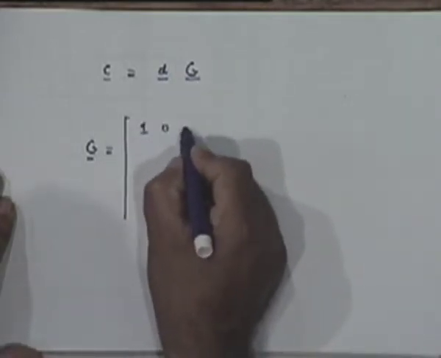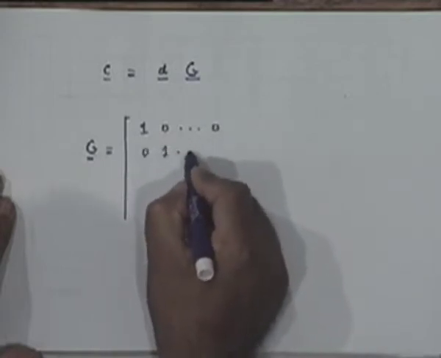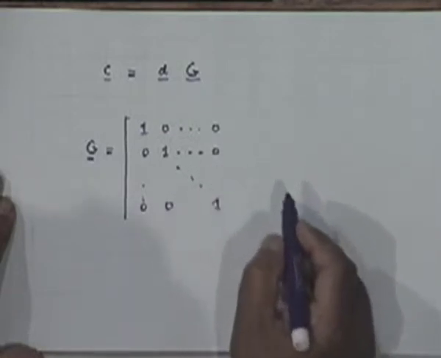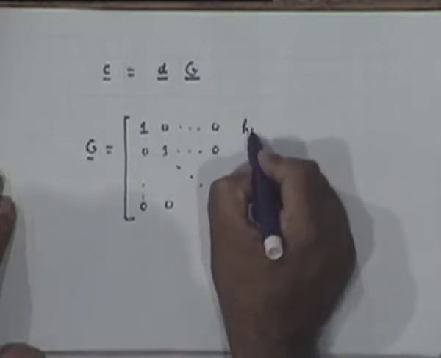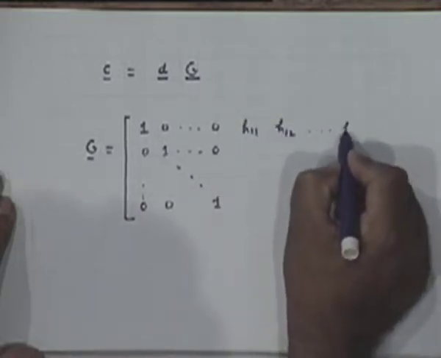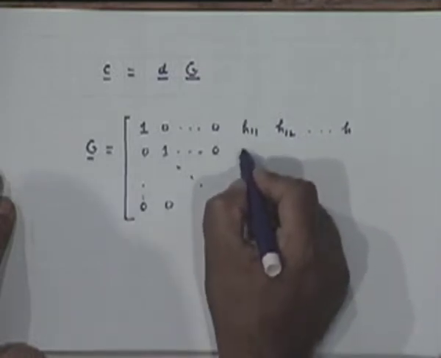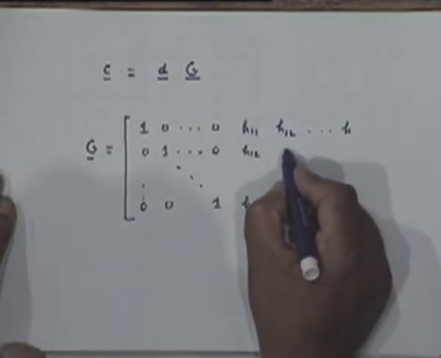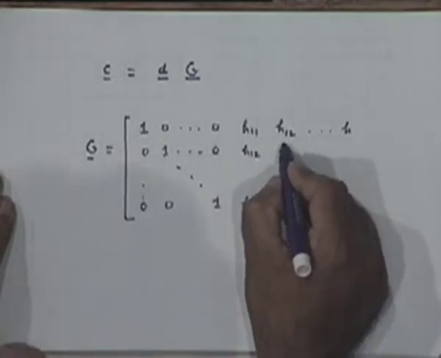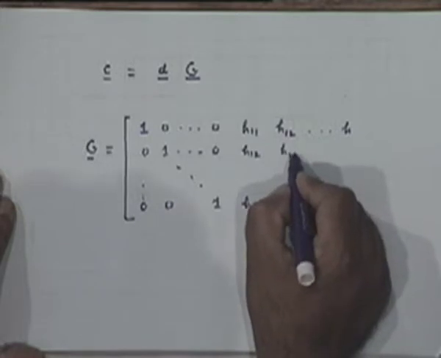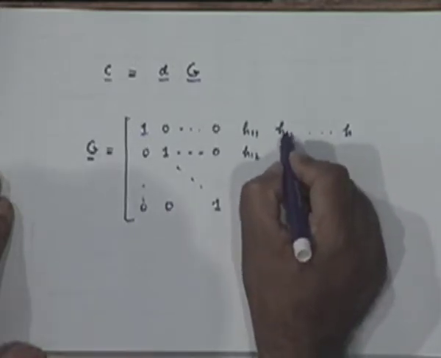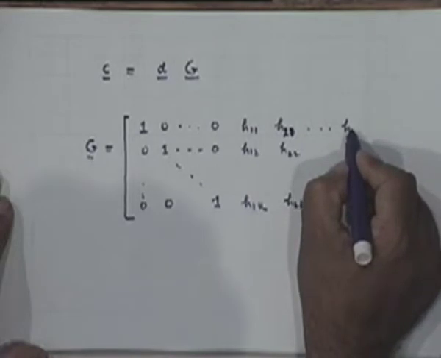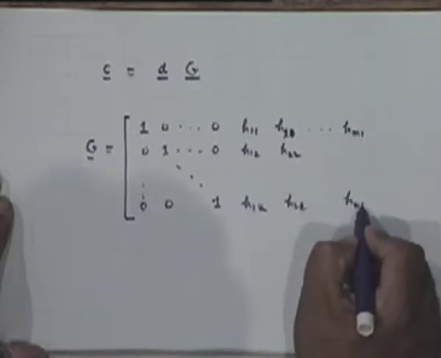And then the other matrix, which will be H11, H12 to H1k, and this will be H21, H22 to H2k, and this is Hm1 to Hmk.